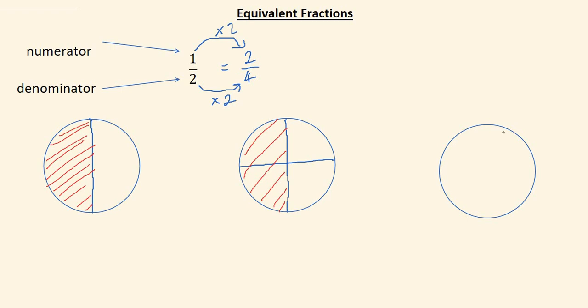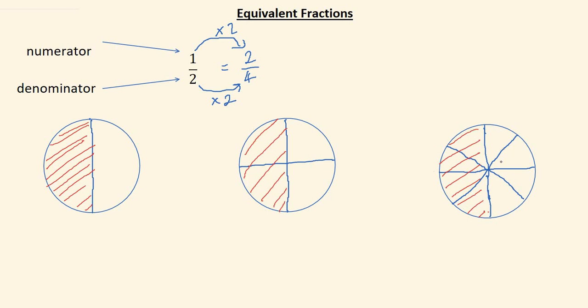That wouldn't work. I can do the same again if this time I split my circle up differently. So if I split it into quarters and then put another 2 lines very carefully down there, okay, and again I can shade the same amount of my circle in, but again you'll see I've now created a different fraction.